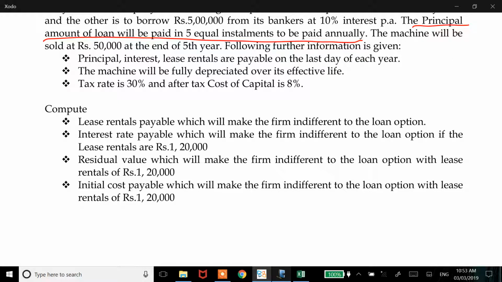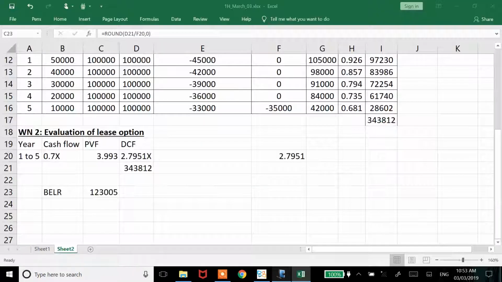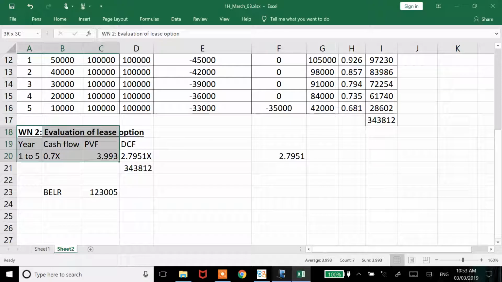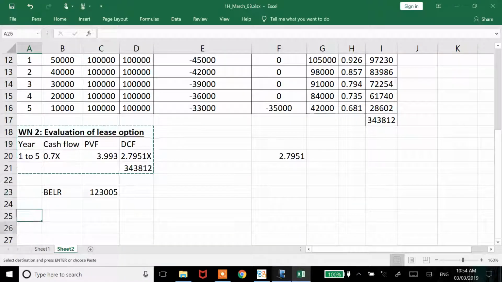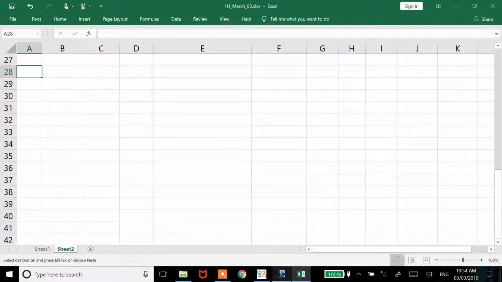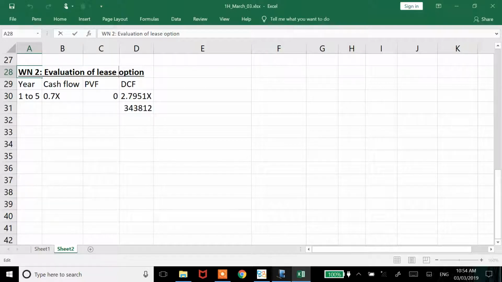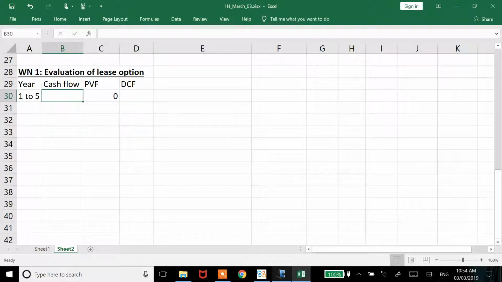Okay, in part 1 we did the evaluation of lease option.